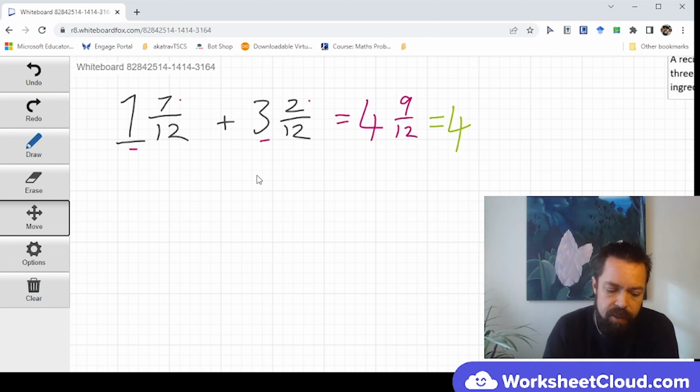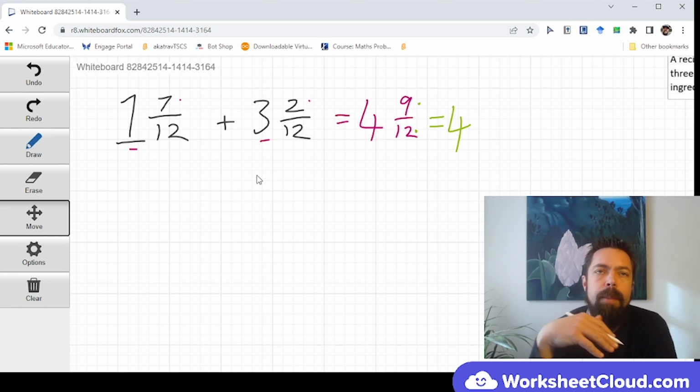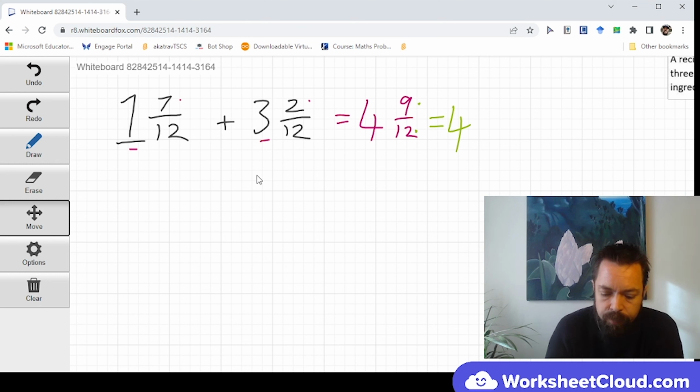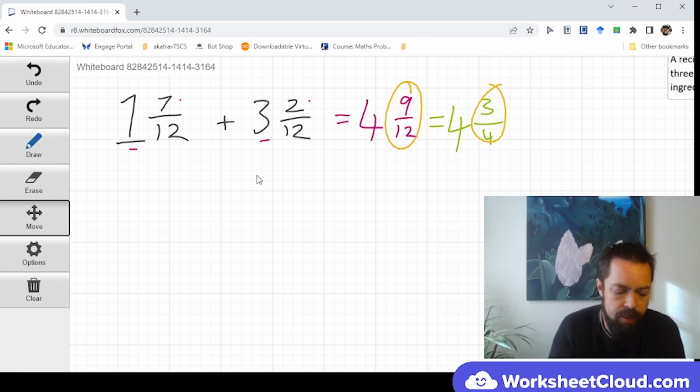Now I'm going to ask myself, what can go into 12 and into 9? What's a common factor? Well, 3 goes into 9 and into 12. 3 goes into 12 4 times, and 3 goes into 9 3 times. So 3 over 4. And that's actually the simplified answer, which some of your teachers will want. The reason this is true is because this and this are equivalent fractions.